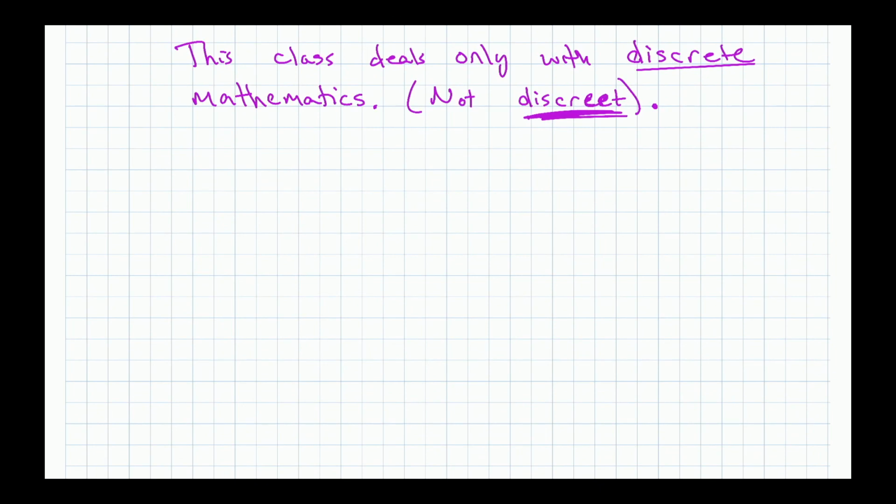What we're dealing with is discrete mathematics. Discrete mathematics just means any kind of mathematical objects that you can list out and there are gaps between them. So this is math that deals with sets of separate elements.